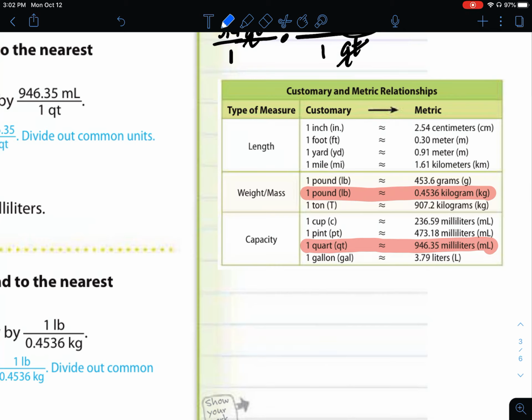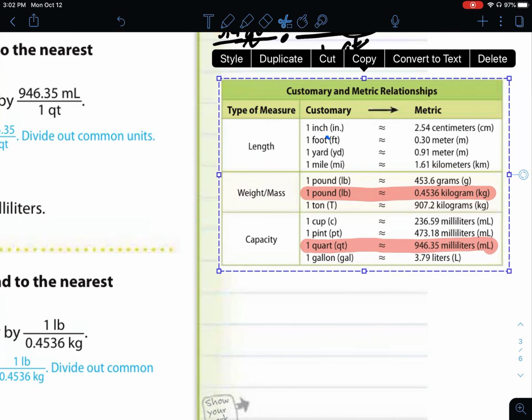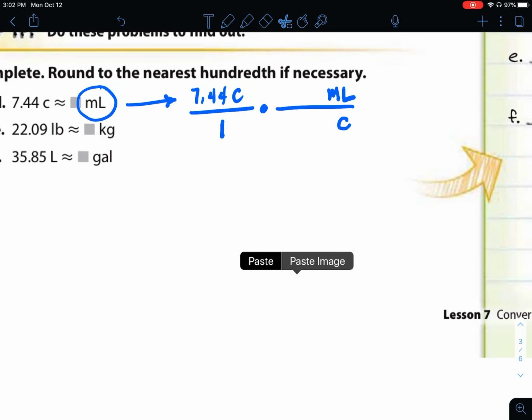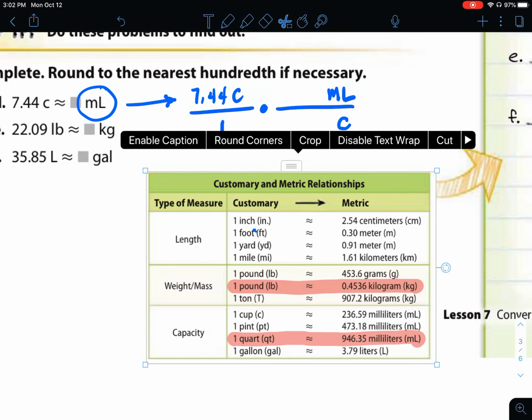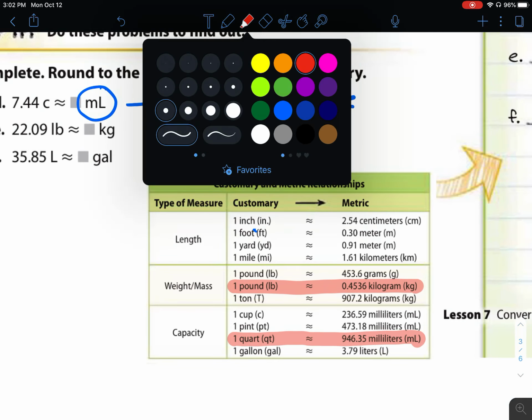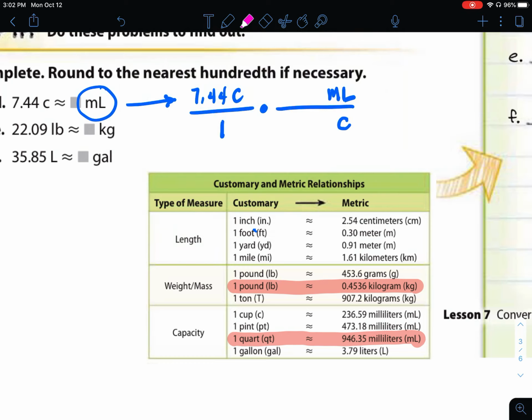Okay, if we go back to our table, let me go back to that table. Okay, and let me cut it out there. Copy. Let me put it here. Okay, if you notice, we can see how cups and milliliters are related through this one right here.